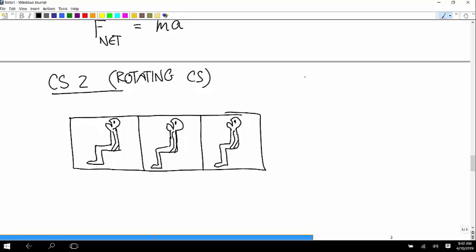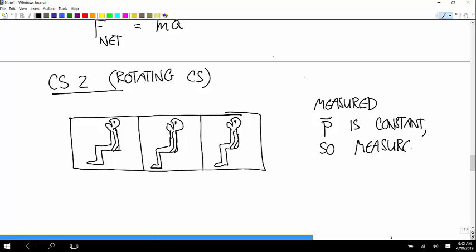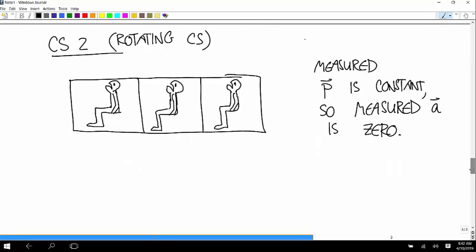Okay, so the measured position vector is constant. So the measured acceleration vector is 0. The force sensors still measure forces.